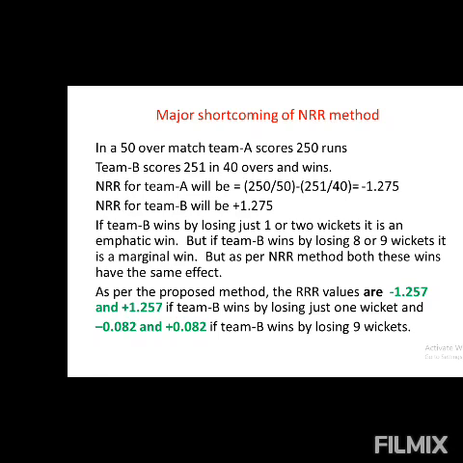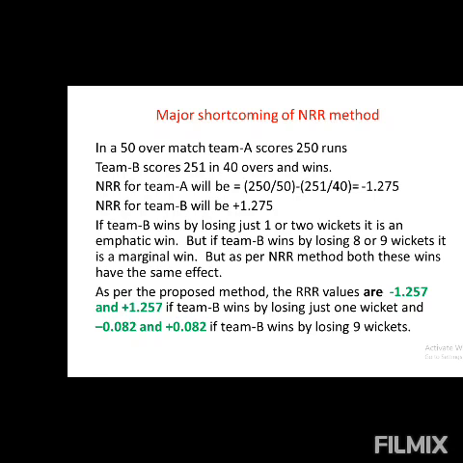But suppose Team B has posted this victory only by losing 8 or 9 wickets, then it is just a marginal win. So such a huge difference in the ratio is not justifiable. But the NRR method doesn't distinguish between losing 1 wicket and 9 wickets.